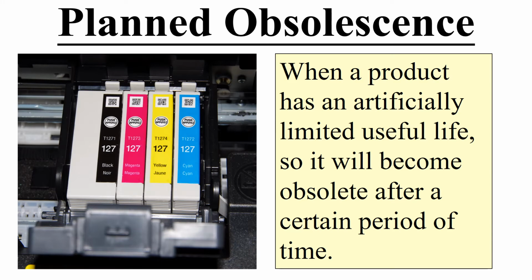Another one, which costs a lot of money, particularly in the circumstances at the moment, is print cartridges. So that's another example of planned obsolescence. You buy something, but you know that you're going to have to replace it, which produces waste.